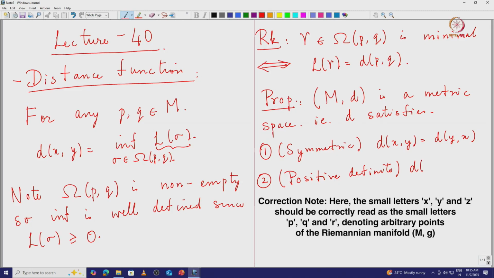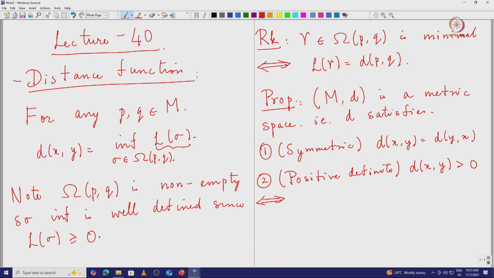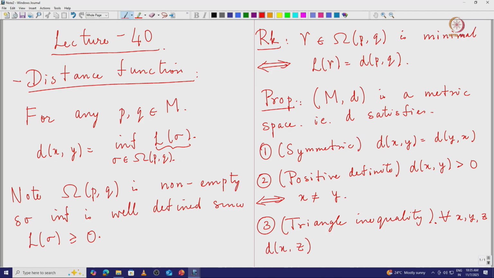That means that if you take 2 points, the distance d of x y is positive whenever x is not equal to y. And third, it satisfies the triangle inequality. So, that means for all x, y, z, the distance between x and z is less than or equal to the distance between x and y plus the distance between y and z.